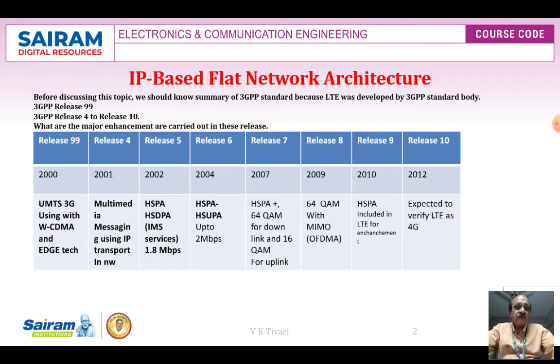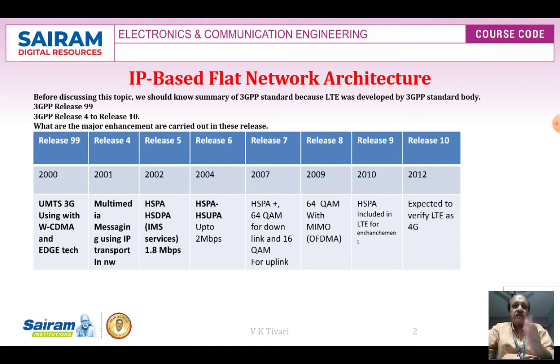I told you the drawback of HSPA plus: it was not able to synchronize with OFDM technology with MIMO, multiple input multiple output technology. That was the drawback in HSPA plus.